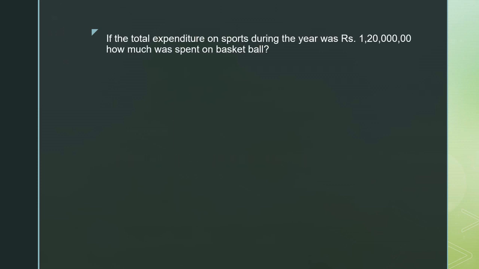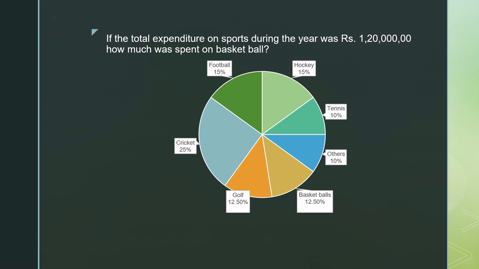The next question is: if the total expenditure on sports during the year was 1 crore 20 lakh, how much was spent on basketball? So this is our pie chart, right? Here we see that the basketball percentage is 12.50%. So what is the question?